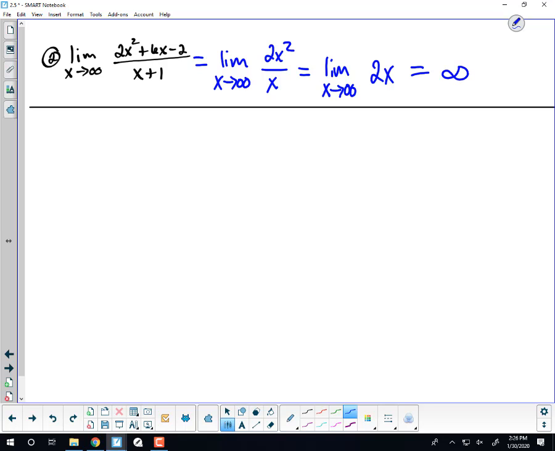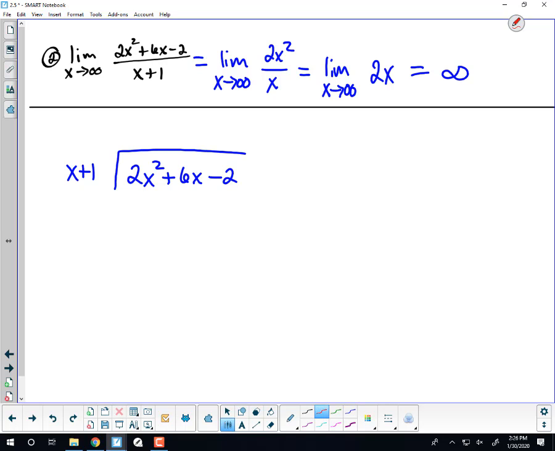So again, we have a function that doesn't have a horizontal asymptote, but we can look at it a little bit differently just to see how that plays out. So I'm going to take my 2x squared plus 6x minus 2 and divide it by x plus 1. Because it's kind of like an improper fraction. With these things, if the degree on top is larger than or the same as the degree on bottom, then it's improper. So we're going to make it proper by dividing through.